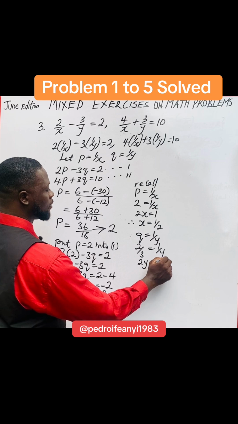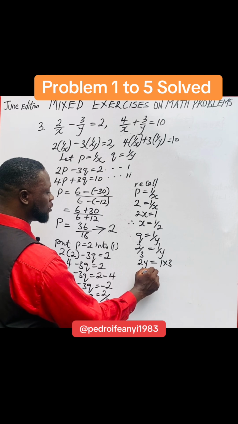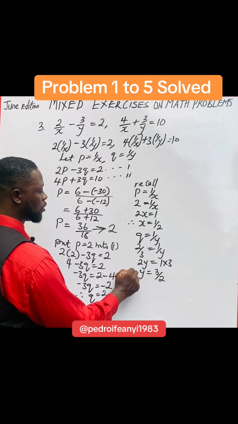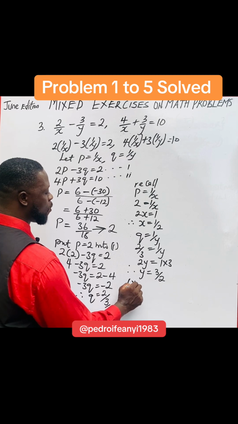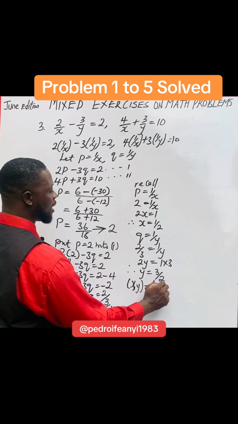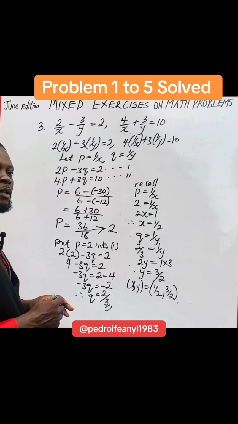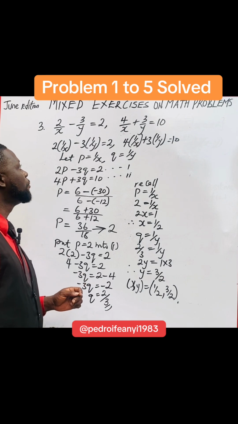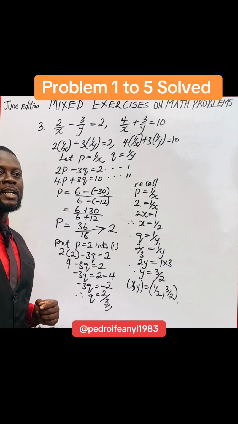So you have that y is 3 over 2. So we're done. So x comma y is simply 1 over 2 comma 3 over 2. So it's a very easy one. Thank you. Let's go for the next correction.